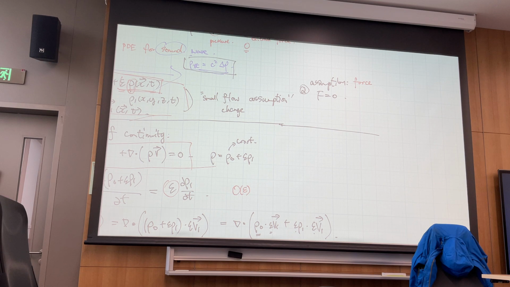And the second thing is that I am assuming that P is a function of rho. It's also not so hard to accept this.